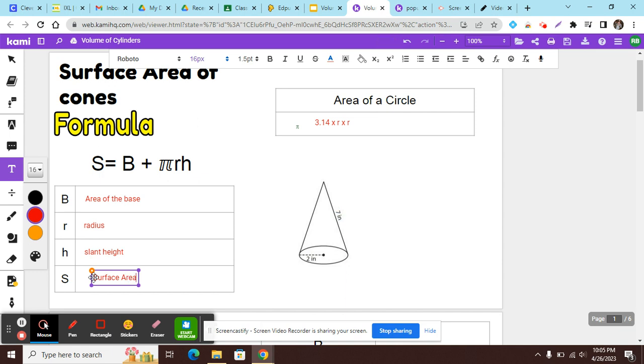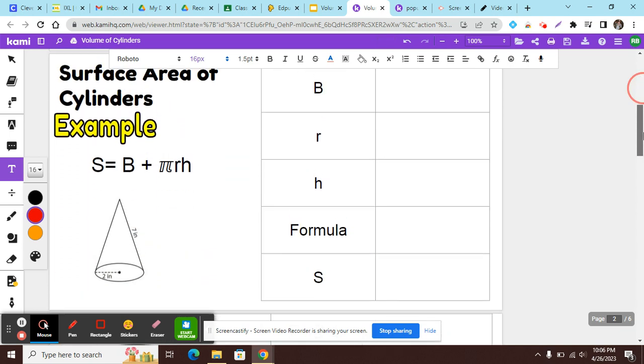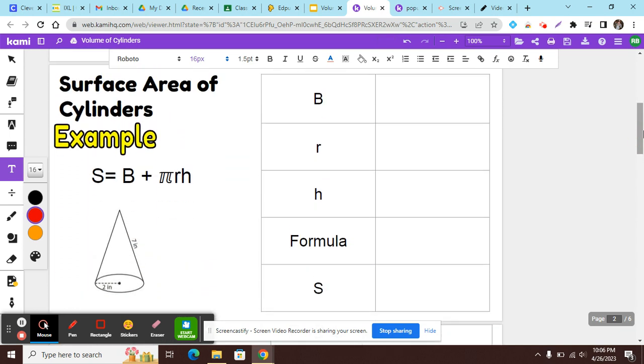Just like last time, we're going to follow the same steps every time. That's why I have these boxes here, because we want to do the same steps every time. So let's go down and solve the first one. We've got our table here.